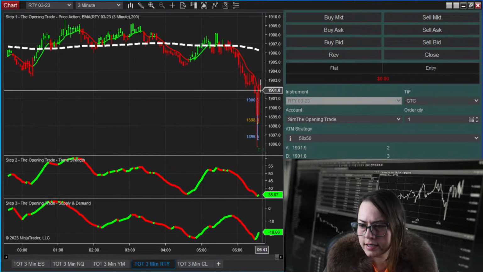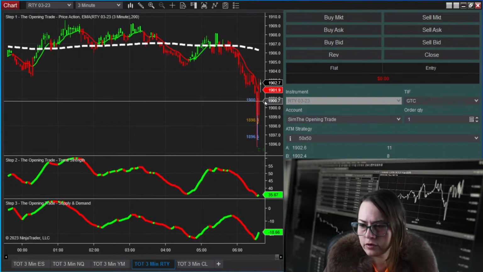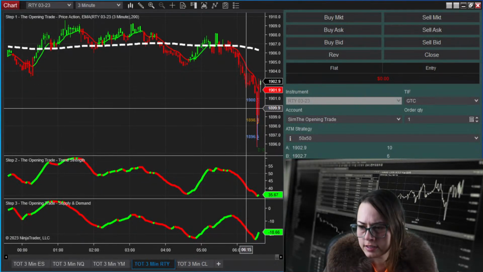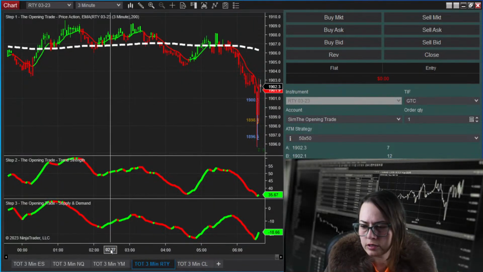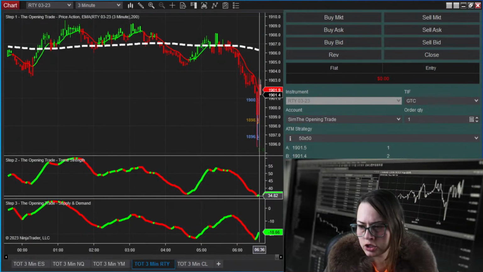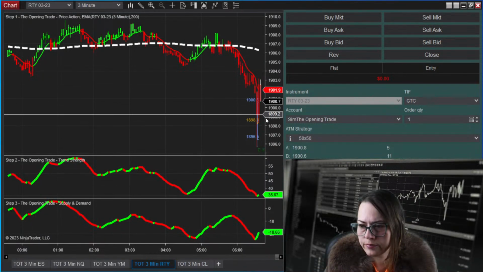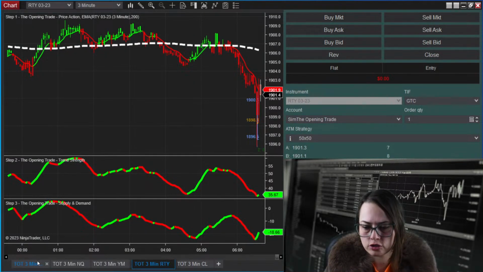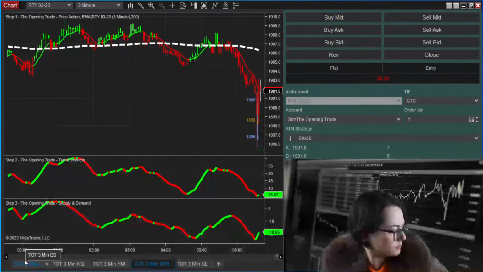So here we're seeing that the candles have all turned red. The current candle is still open, so we don't know. So we see that down here it has changed to green. Maybe it could possibly change to a green candle when it closes.